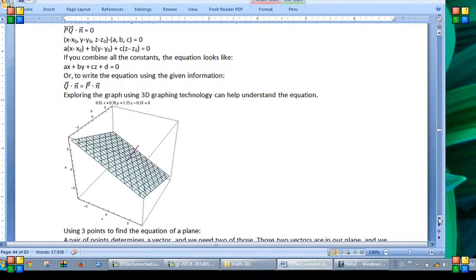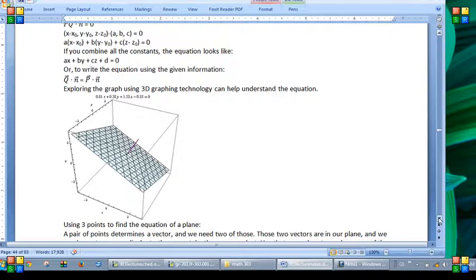So now if I simply give you these objects, then it's easy to write down the equation. What's a little more work is we said that 3 points determines a plane, but if you have 3 points, you can't just take those numbers and write down the equation directly. So how do you do it? Well, we can use those 3 points to determine vectors in the plane.